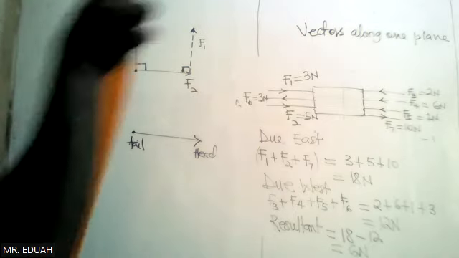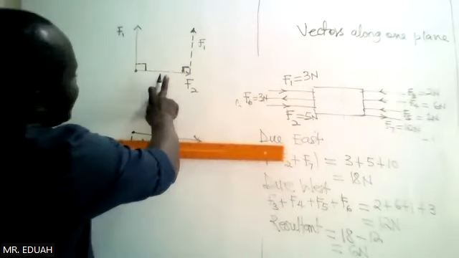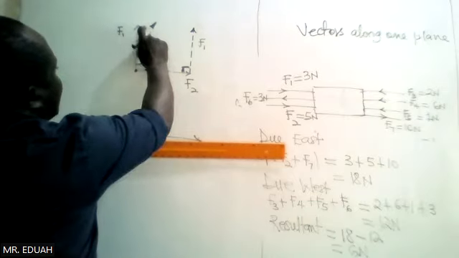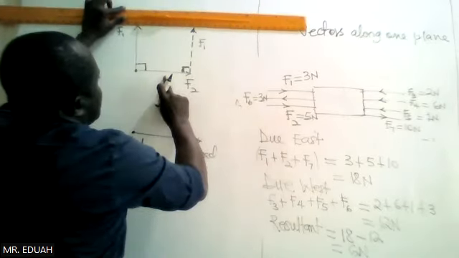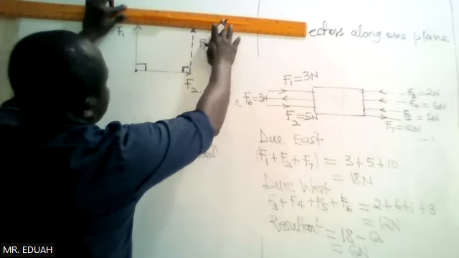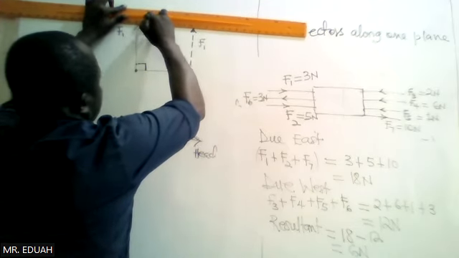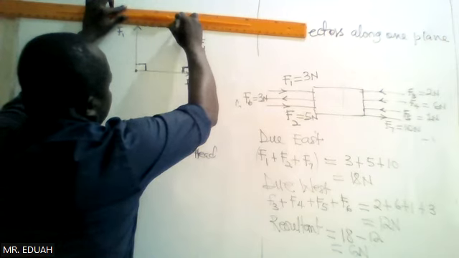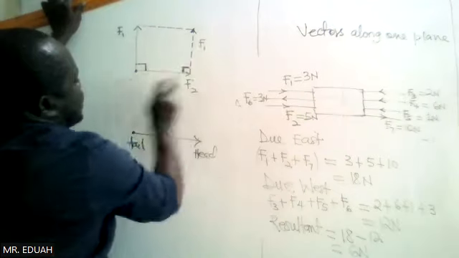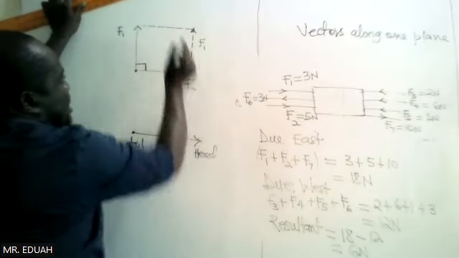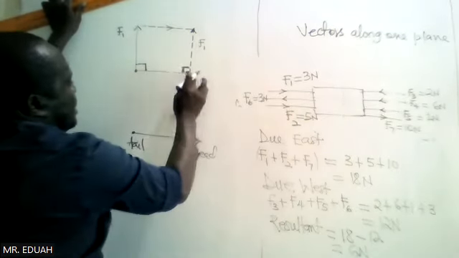I can do the same for F2: create an equal vector of F2 and put it on the head of F1, by drawing equal magnitude as this one, same direction. This is moving horizontally, so this will also go this way.